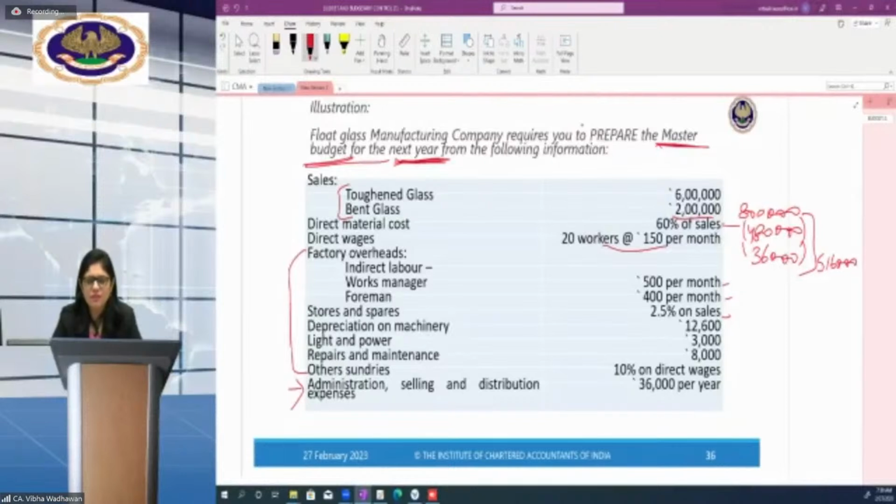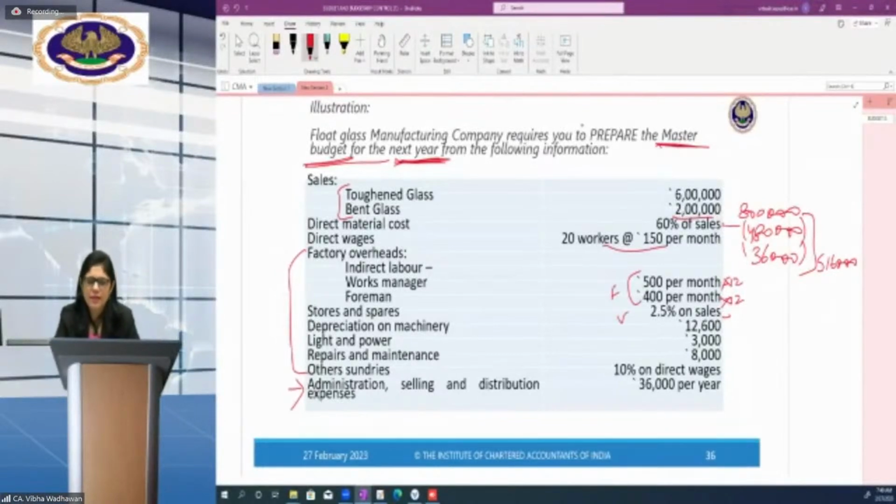Then we start with the factory overheads. It's better if you split the variable and the fixed to as much extent as possible. All right. And if you're not clear about something, just make an assumption. So factory overheads: indirect labor and works manager, 500 per month into 12, 400 per month into 12. Consider them as fixed. All right. 2.5% on sales, consider it variable.